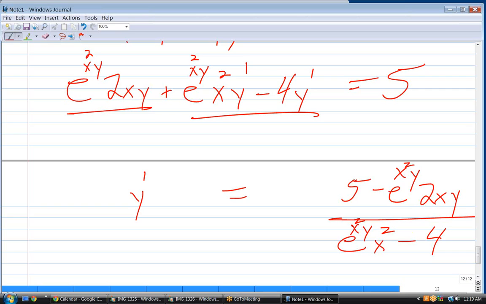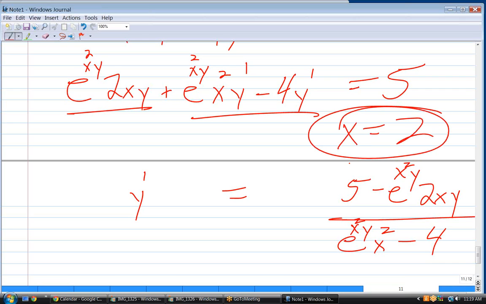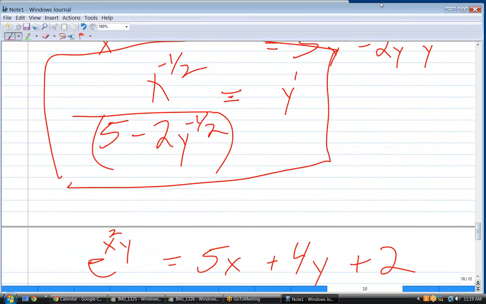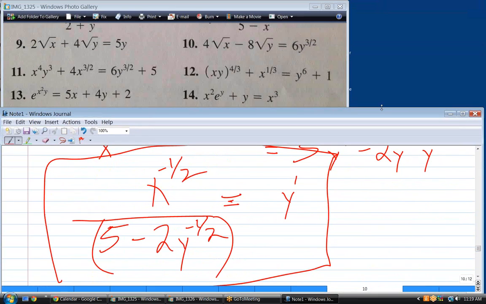Now, let's say that they said evaluate this point at x equal 2. How would I proceed? Would you plug the 2 in? Well, I'd plug the 2 in for x, but what do I do about y? Go back to your original function. Plug x in for 2 and solve for y.